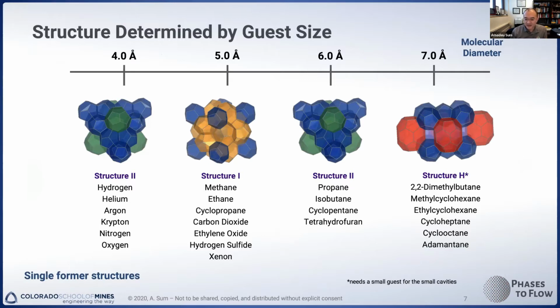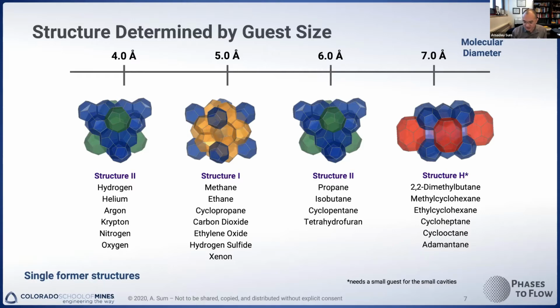And so there are many different guests that can occupy the cages, and by and large, the size of the guest will determine which crystal structure will form. And here I show a selective list for the structure that will form from the single formers. Of course, we can have mixtures, and then the crystal structure for the mixture is going to be mostly determined by the largest gas that would be accommodated inside of these cages.